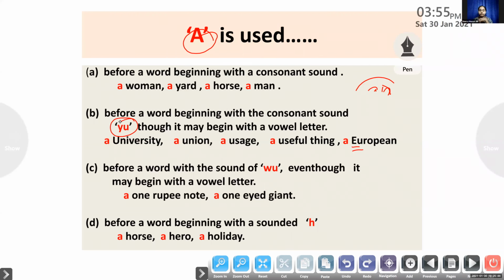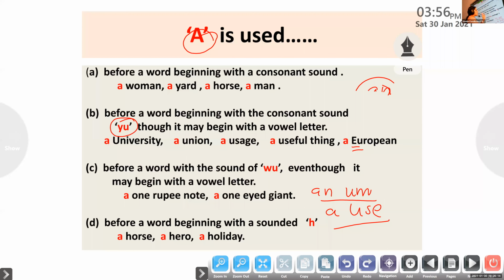Just check: an umbrella, a useful thing. Repeat the sounds: umbrella, useful. There are two different pronunciations, right? The beginning sounds are different. In the first one, it is 'an umbrella' because it starts with a vowel sound.